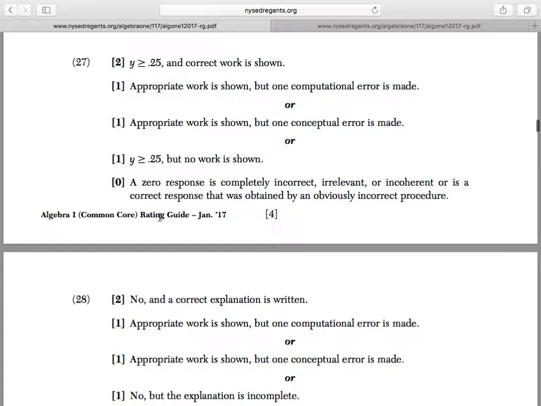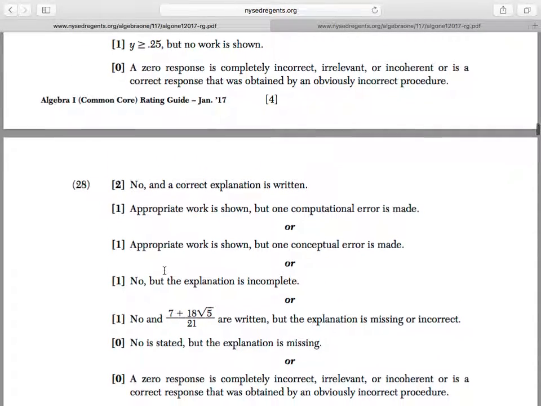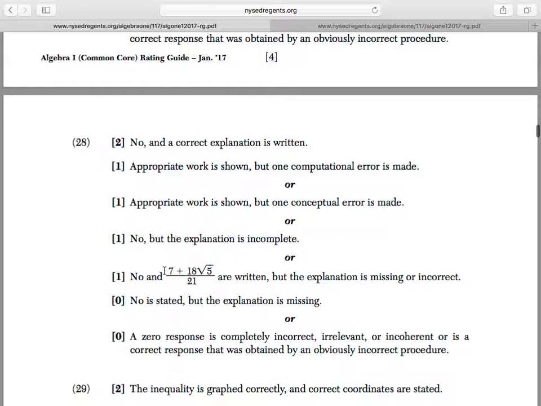Number 27. Y is greater than or equal to 25. Correct work shown. Can we go over questions? Yeah, but after I show you all the answers. And then I'm going to do the last one, and then I'll open it up to questions. All right, number 28, no correct explanation.